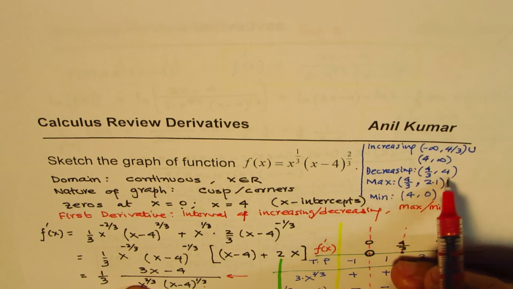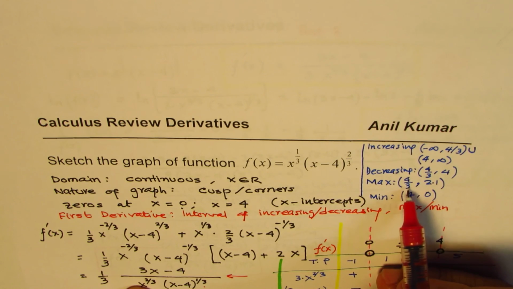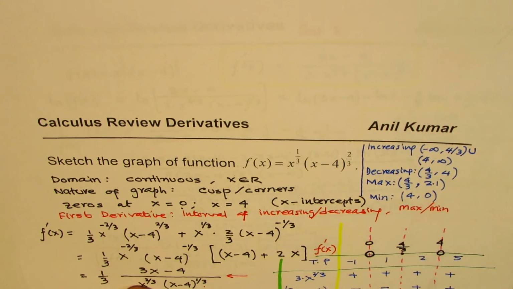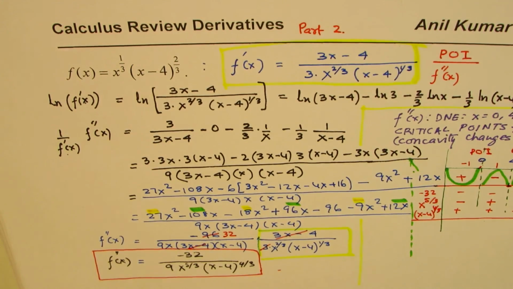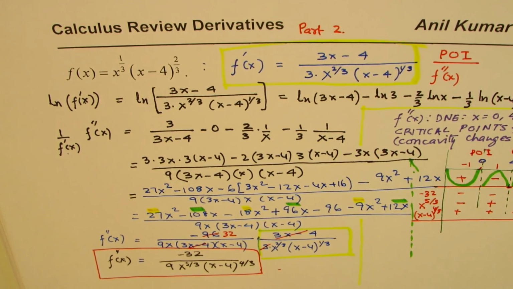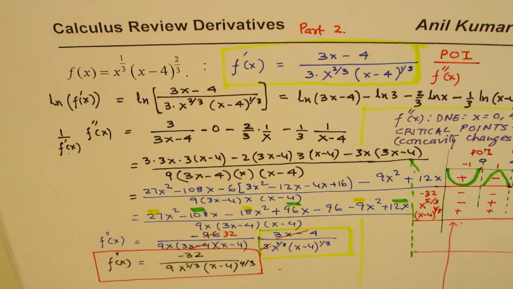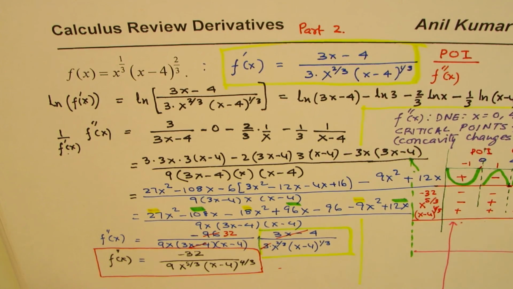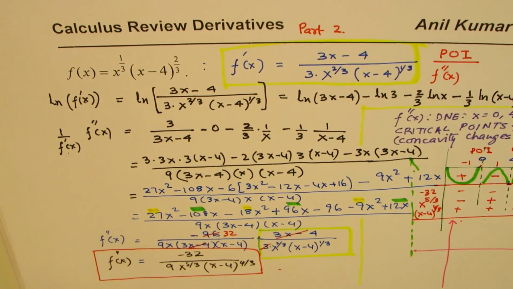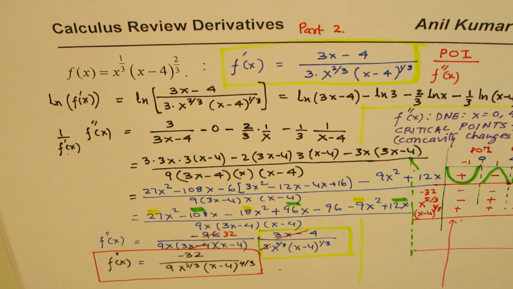Decreasing from that interval, maximum is 2.1 at 4 over 3, minimum is at 4, which is 0, right? This is what we learned. So if I put all these things together, I'll just pull out a new sheet and then we'll sketch the final function in a new sheet.